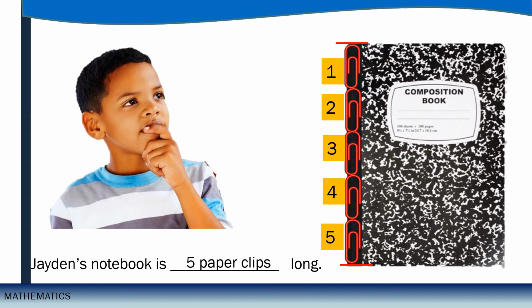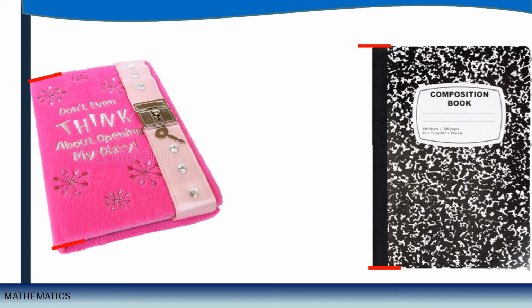Boys and girls, you are doing so well already with this lesson on measurement. I am looking forward to an exciting lesson as we go along. What about you? Now, boys and girls, the next activity that we will look at is whose book is longer? Is it Jaden's notebook or is it Janice's diary?